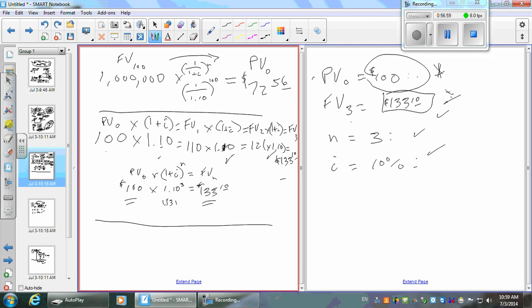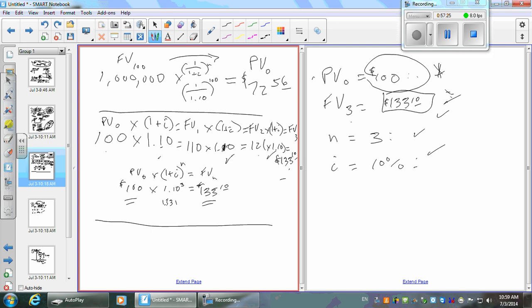To compound, you multiply. Guess what you do to discount? You divide. So if I took 133.10, future value 3 years from now, and I discounted it by 1.1, right, by 10%, divided in 1.1, what do I get? I get 121, don't I? Then I take 121 and divide it by 1.1, what do I get? 110.